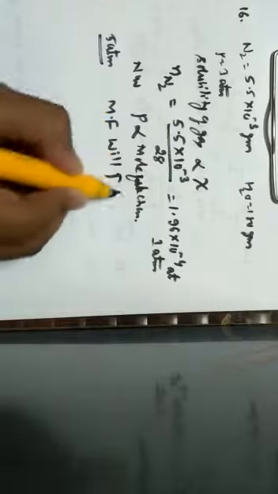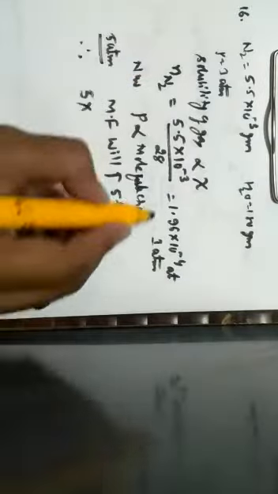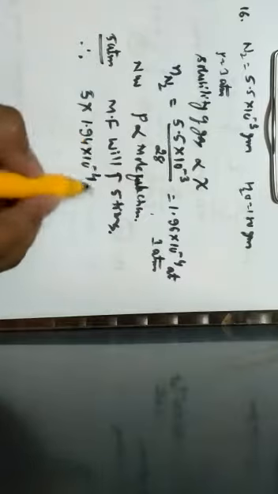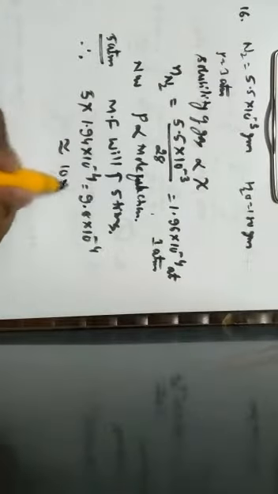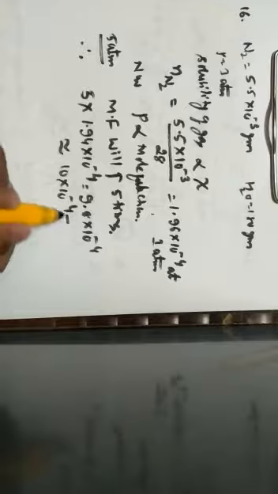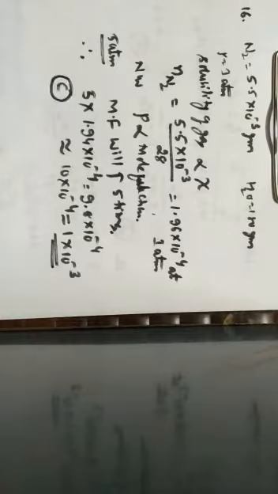If the pressure is 5 times, then the mole fraction will also increase by 5 times. Therefore 5 into the number of moles of nitrogen that we have calculated, 1.96 into 10 to the power of minus 4, comes out to be 9.8 into 10 to the power of minus 4, which is approximately equal to 10 into 10 to the power of minus 4, that is equal to 1 into 10 to the power of minus 3. Hence, the correct option for the given question is option C.